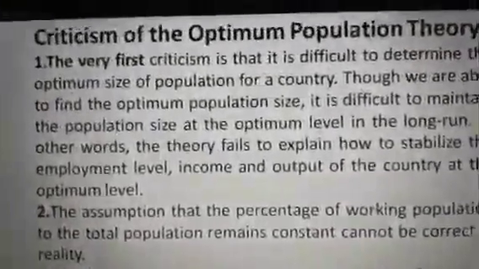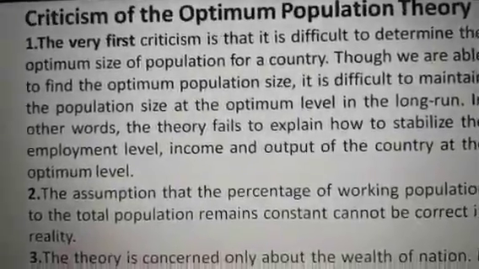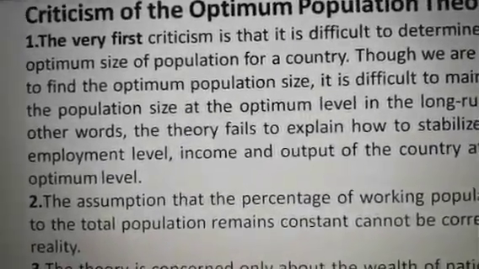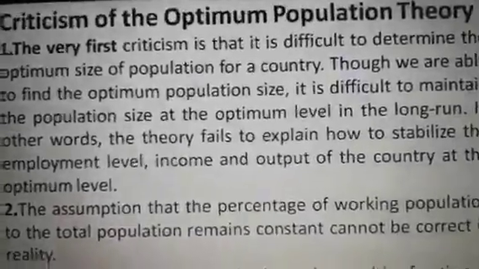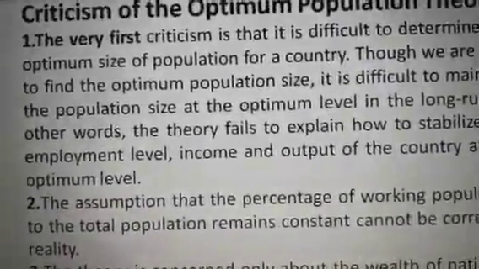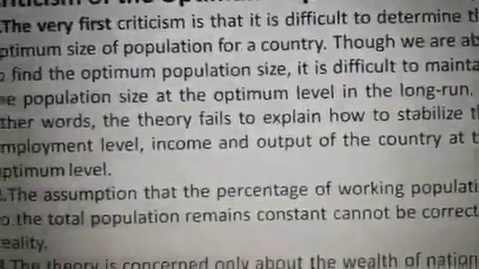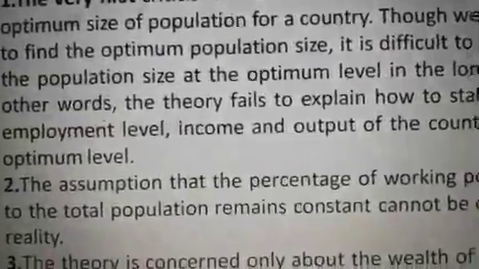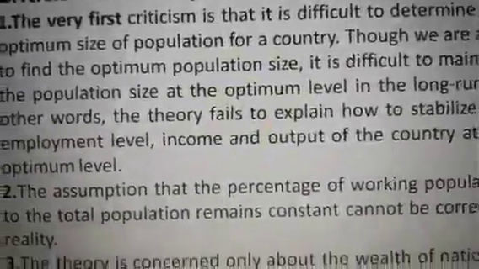The very first criticism is that it is difficult to determine the optimum size of population for a country. Though we are able to find the optimum population size, it is difficult to maintain the population size at the optimum level in the long run.